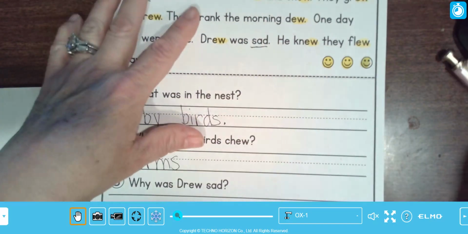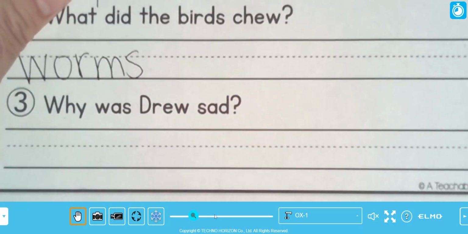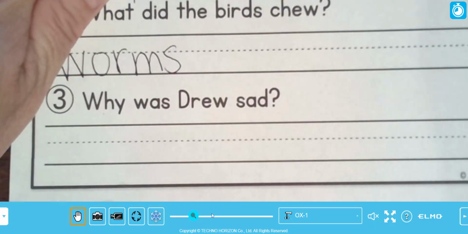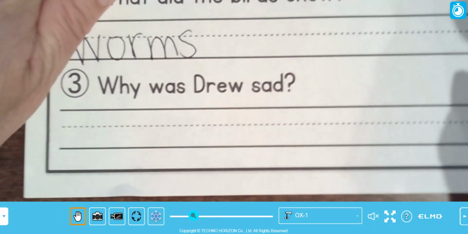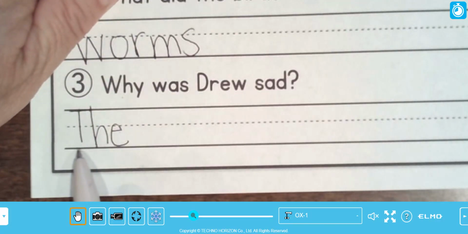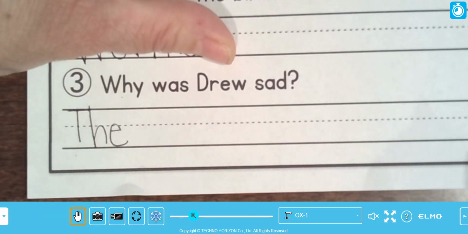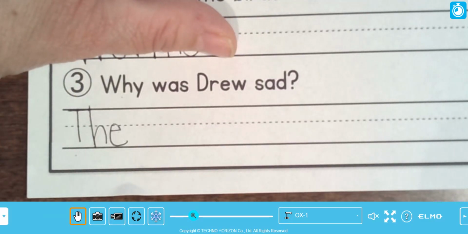Okay. And I'm going to make this bigger so when we write it down, you can see it better. Why was Drew sad? The. Always start your sentence with a capital letter. So write down the. Okay.